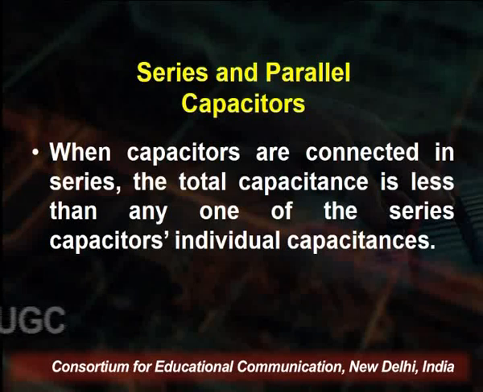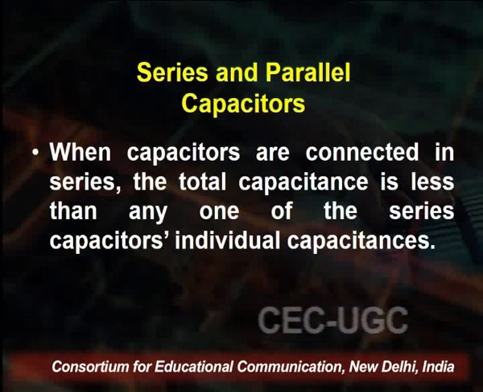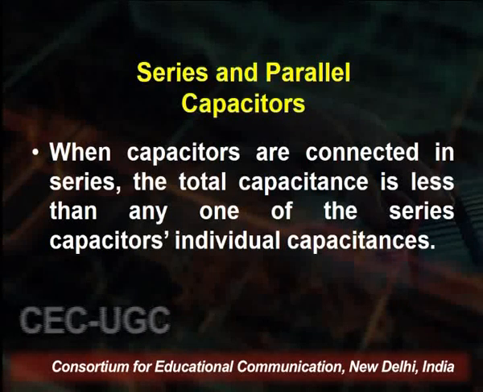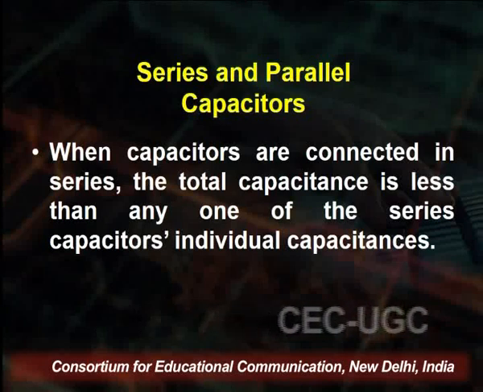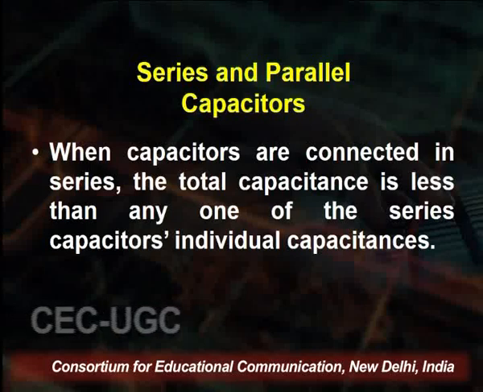When capacitors are connected in series, the total capacitance is less than that of any one of the individual capacitors. Why is it so? If two or more capacitors are connected in series, the overall effect is that of a single equivalent capacitor having the sum total of the plate spacings of the individual capacitors.